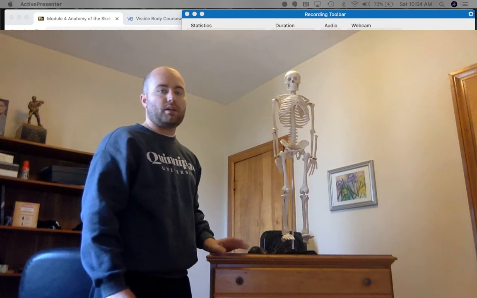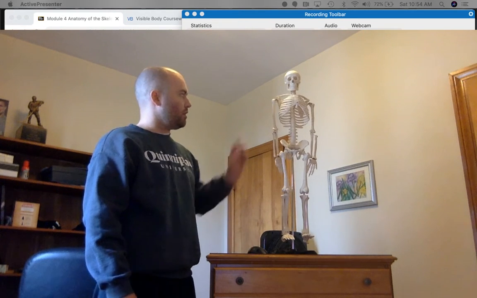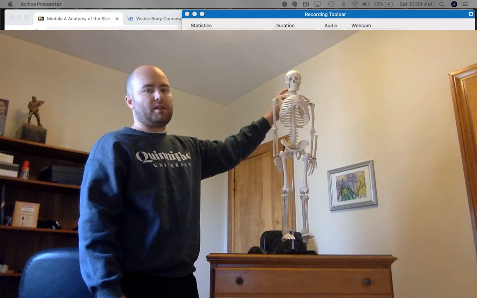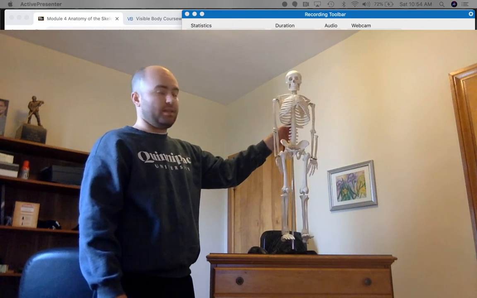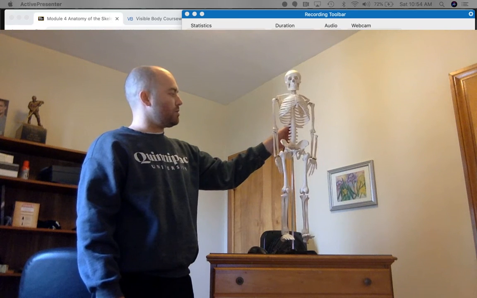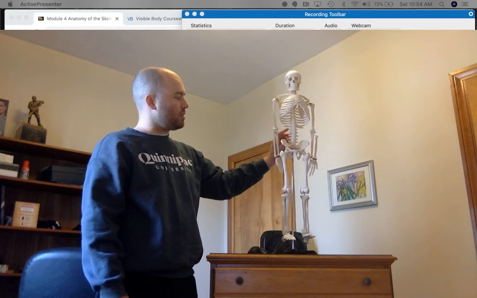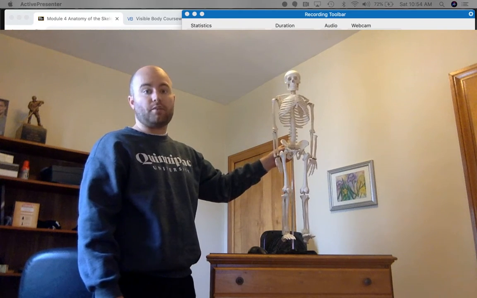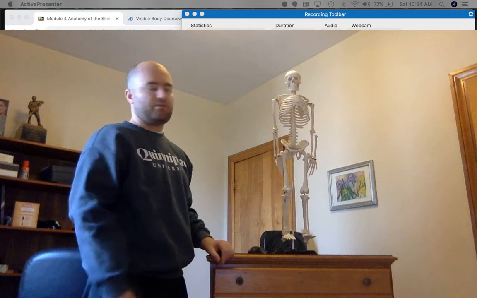Can be broken down into three different parts: cervical spine, thoracic spine, lumbar spine. Cervical spine is the first 7 bones. The thoracic vertebrae are the next 12 bones, and then the lumbar spine is the bottom 5 bones, and then those turn into the sacrum and the coccyx that are different bones all fused together.